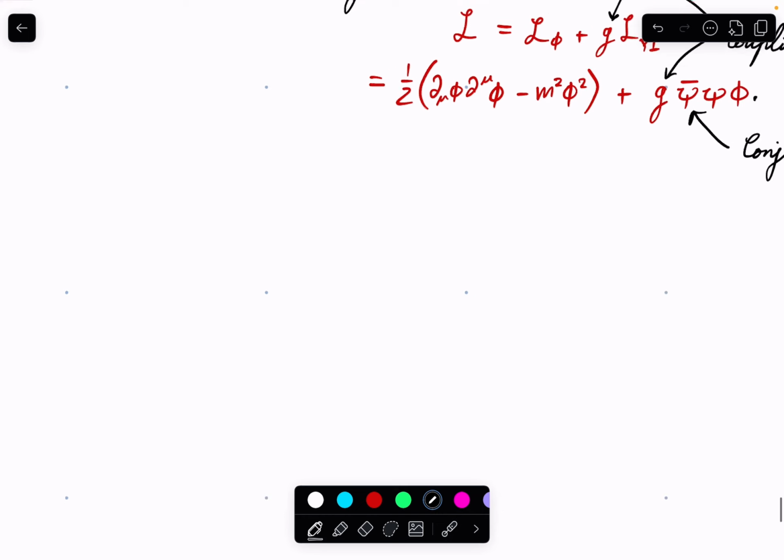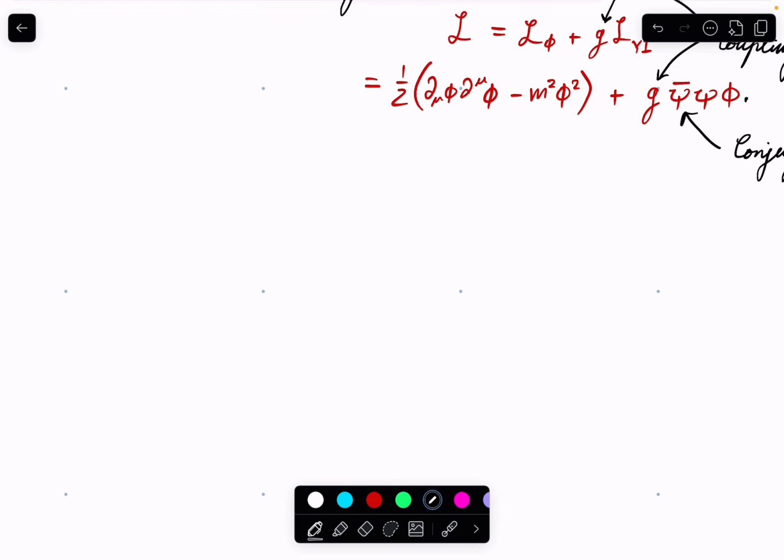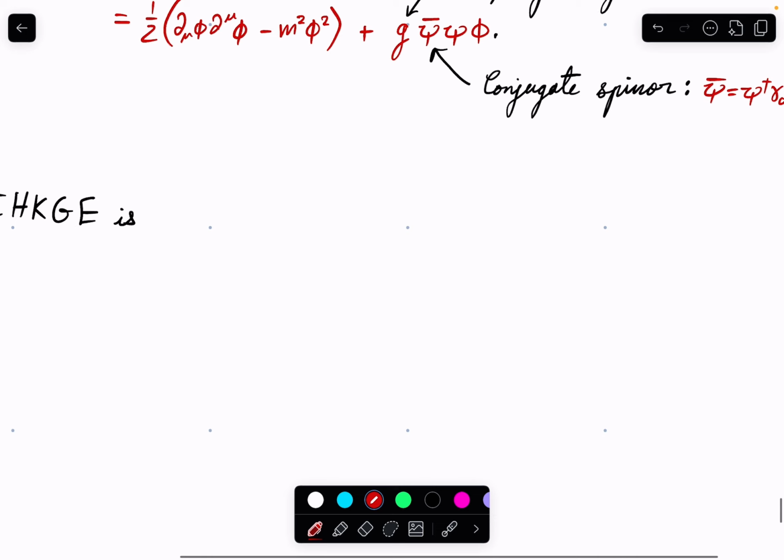So now we're going to look at the inhomogeneous Klein-Gordon equation, which is partial mu partial mu plus m squared.